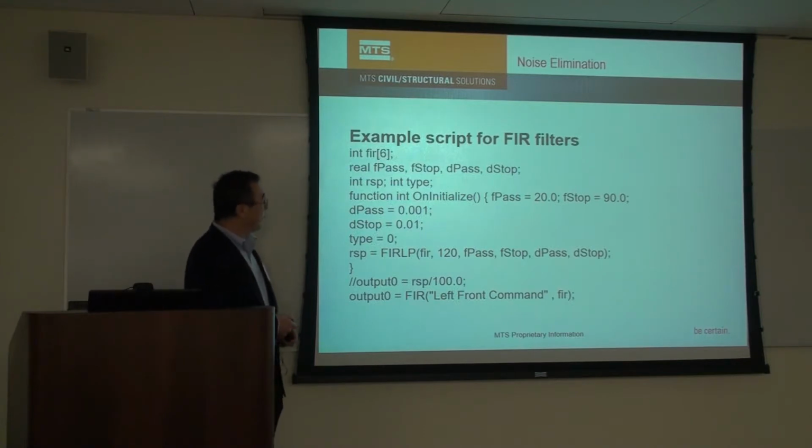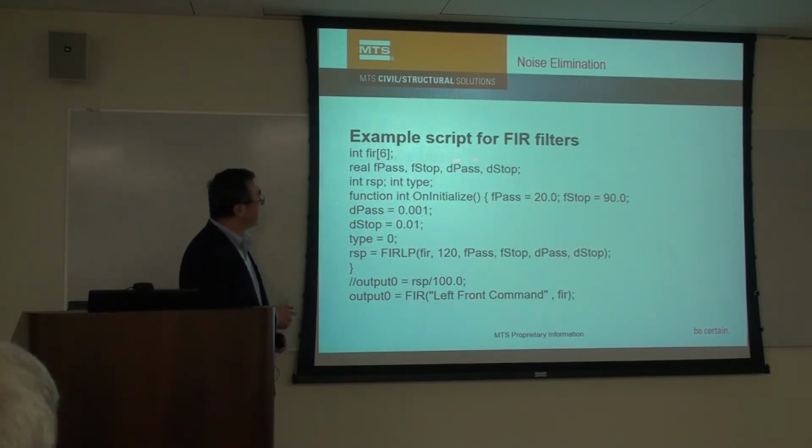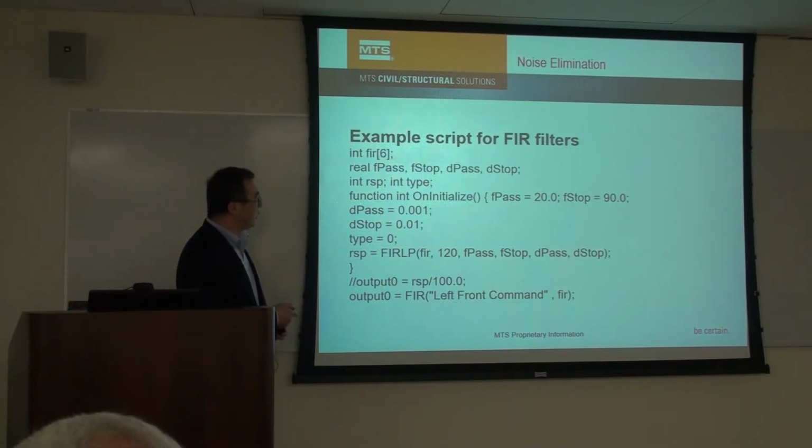And a lot of times the feedback is noisy because of the electrical interference and stuff like that, and the noise causes a lot of iteration problem, convergence problem. So if you want to filter the noise out, the filter can be easily done in calculation channel, and we have an example code for different filters.